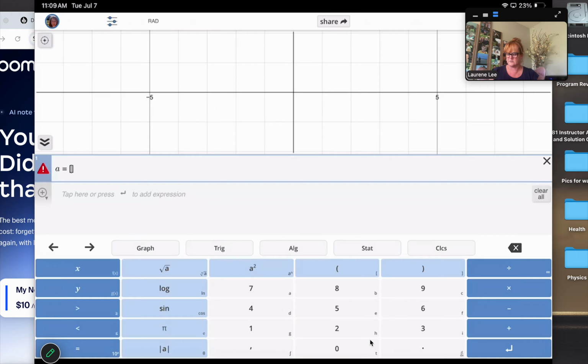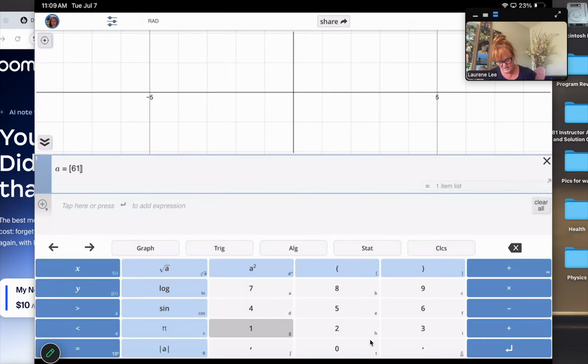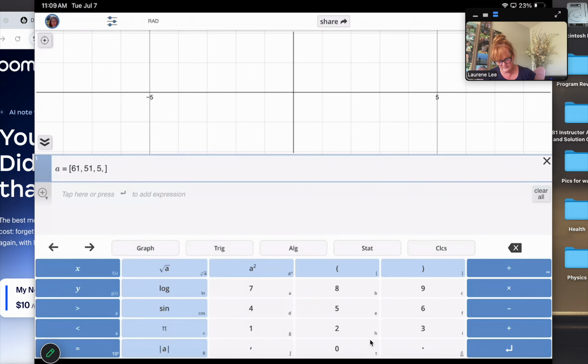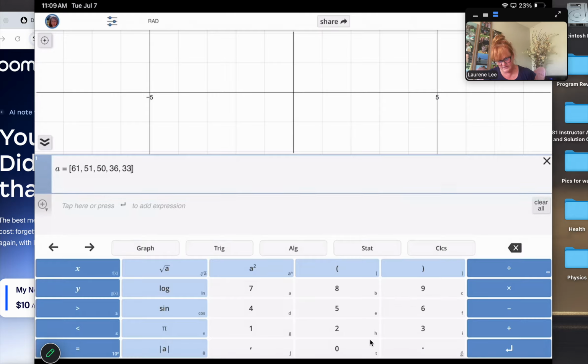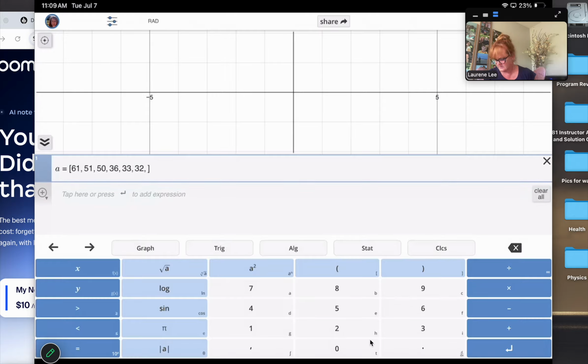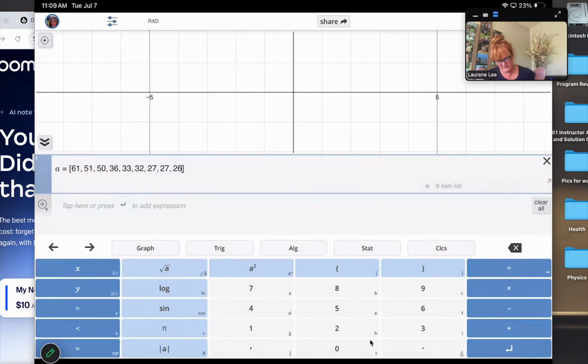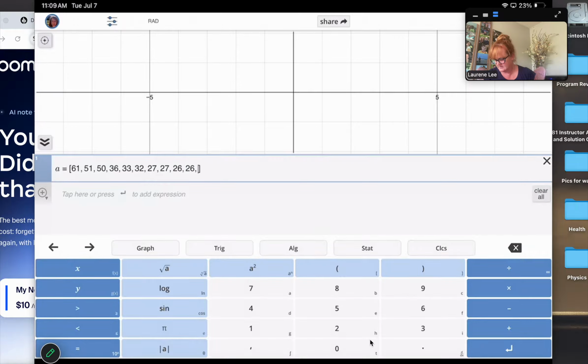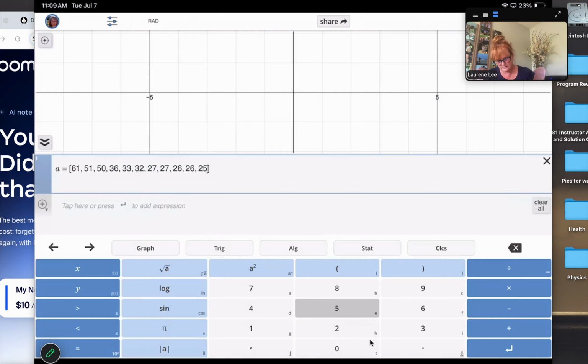Your data is going to be 20. Let's do it this way. 61, 51, 50, 36, 33, 32, 27, 27, 26, 6, and 22.